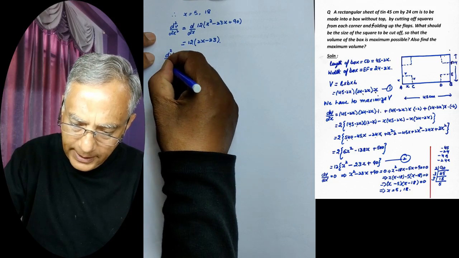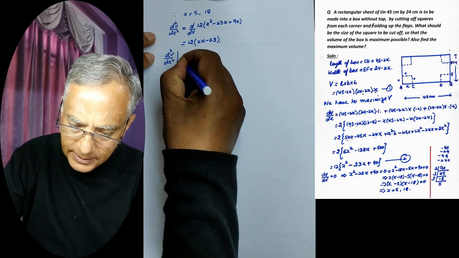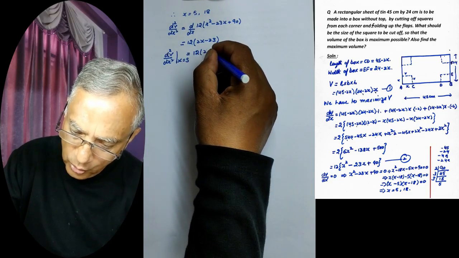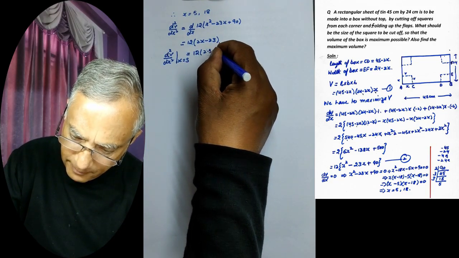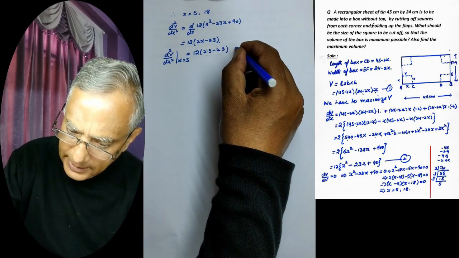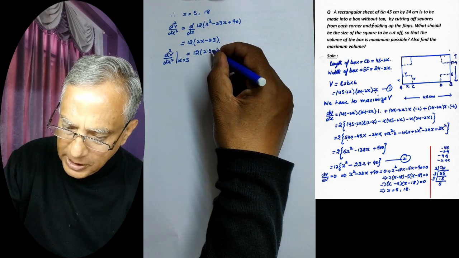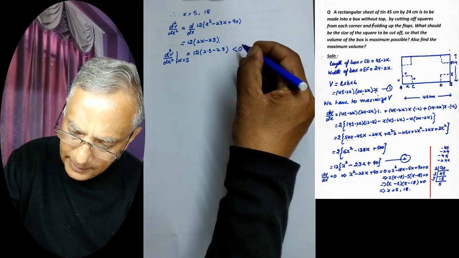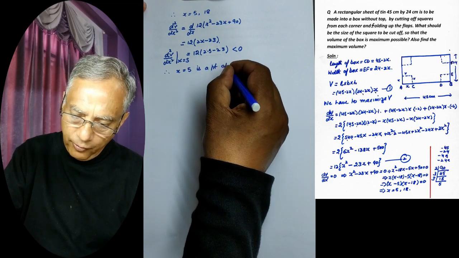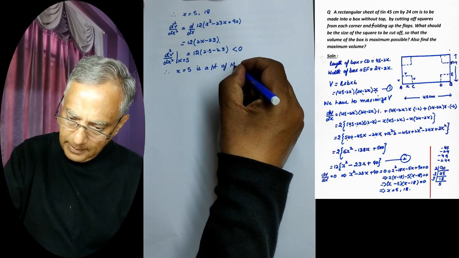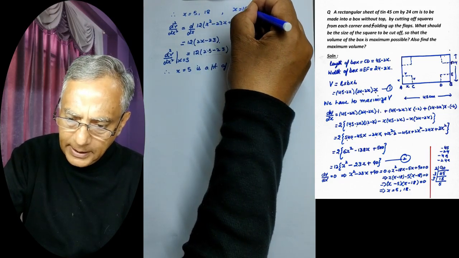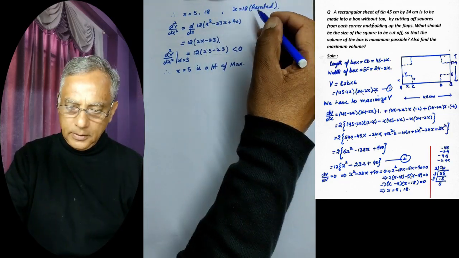Therefore, d2v by dx square at x is equal to 5 is 12 into 2 into 5 minus 23, which is negative. This is 10, 10 minus 23 is negative. Therefore, x equal to 5 is a point of maximum.